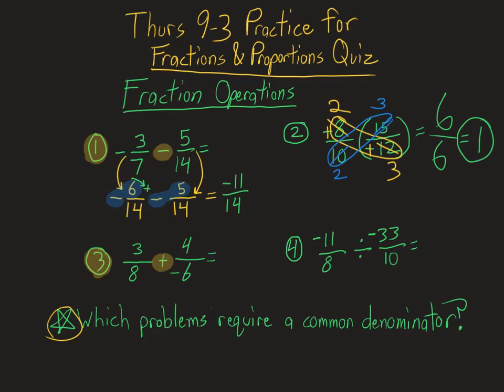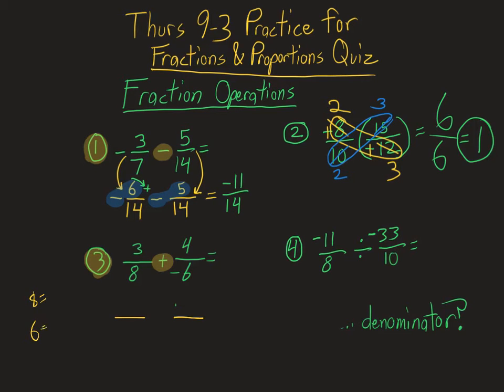Okay, continuing on. Number 3, we need to get common denominators again. Let's get that out of the way. 6 and 8, I could multiply to get 48, but if I don't have to go that big, I don't want to. So I'm thinking 8, 16, 24. You know what?